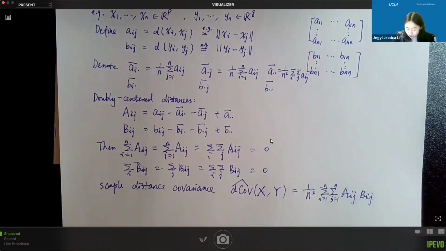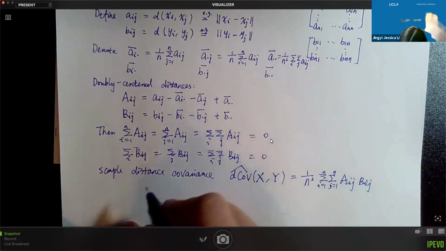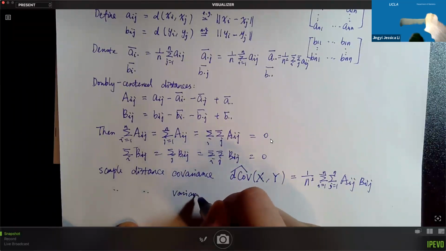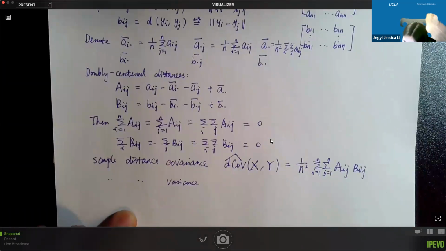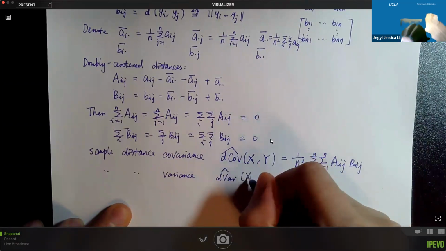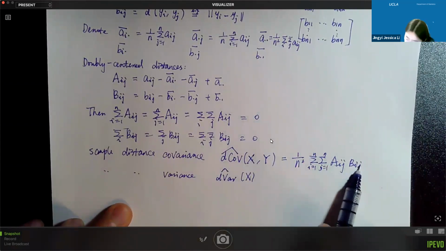And now with covariance, the variance is straightforward because variance is a special type of covariance where the two random quantities are one. So therefore, we have sample distance variance for X and Y. We write them as d var hat X. You can tell me what it is, just changing this bij to aij, right?